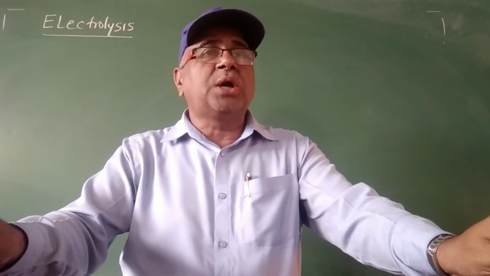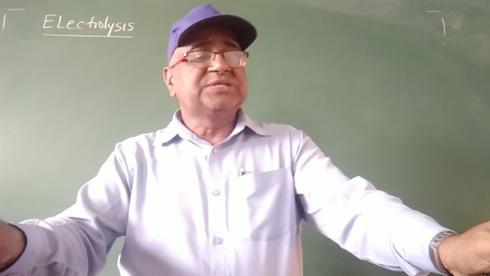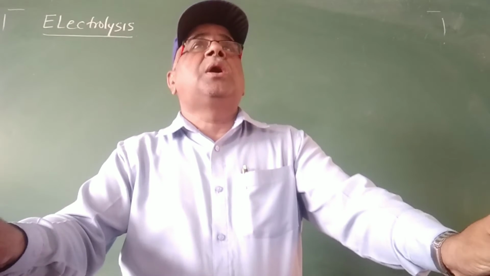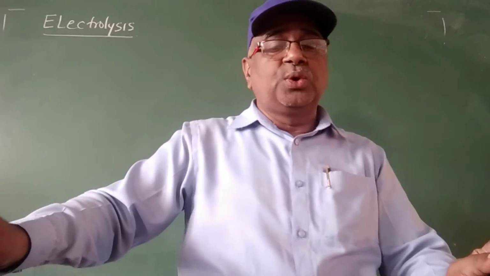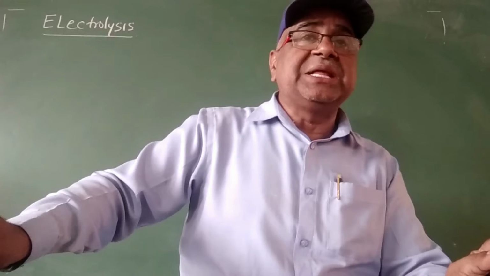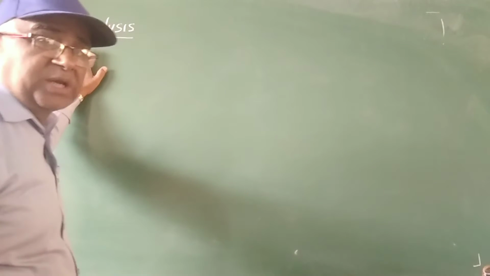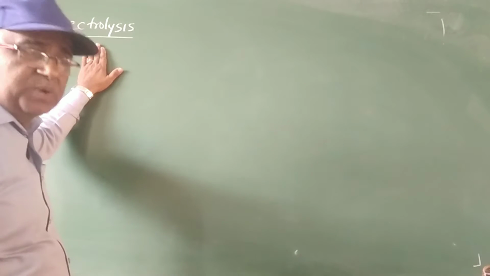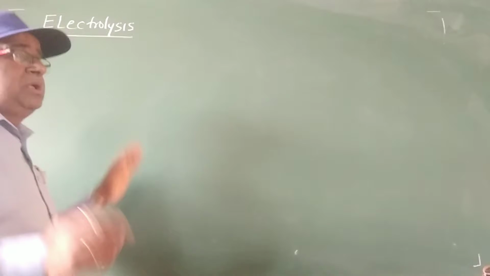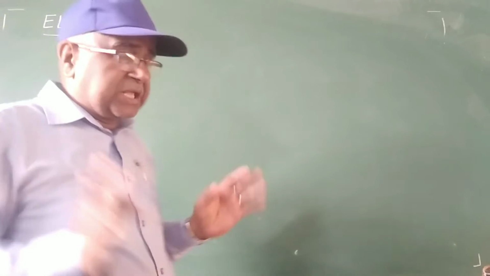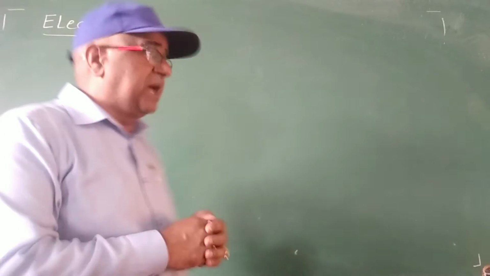Mind it, it is not voltmeter, it is voltameter, and a voltameter is also called an electrolytic cell. So what do we mean by electrolytic cell or voltameter? A voltameter is required for electrolysis, for showing the chemical effect of electric current.